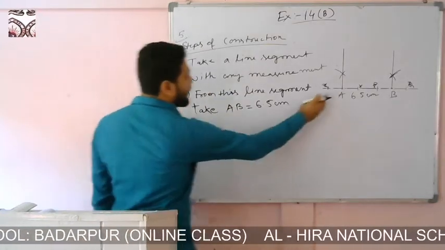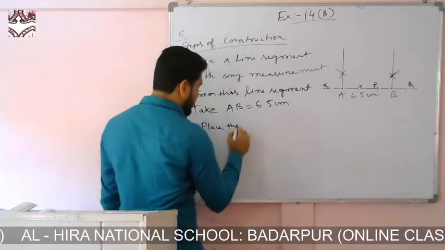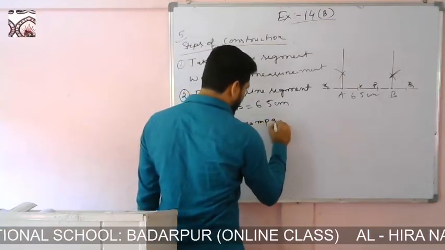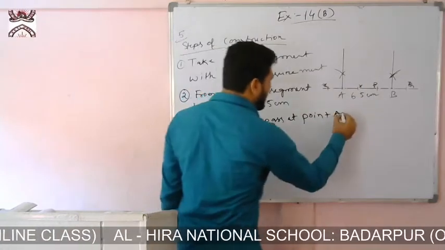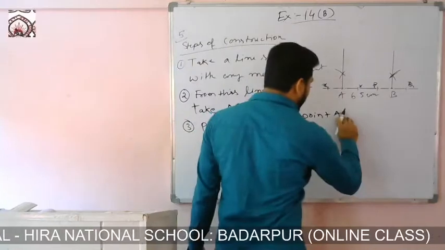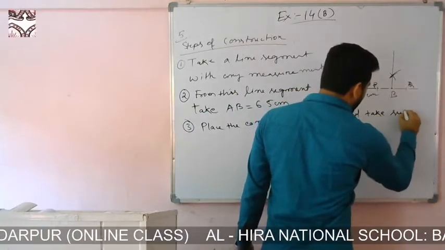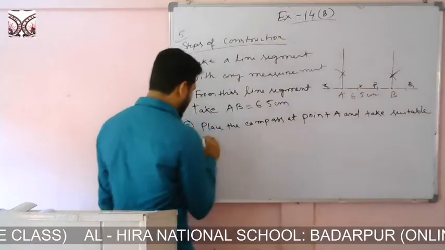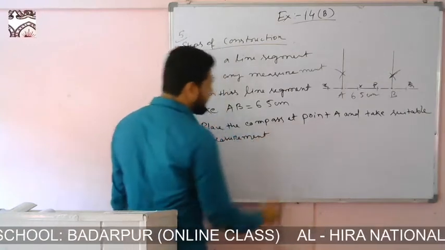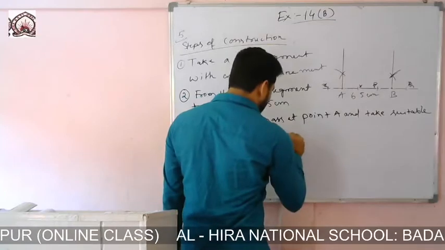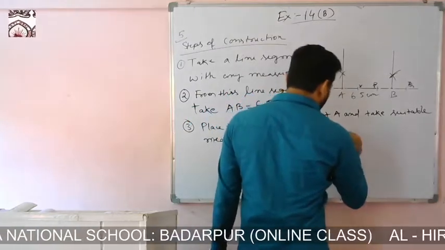Number 3, now come to point A. Place the compass at point A. And take a suitable measurement and draw two arcs.